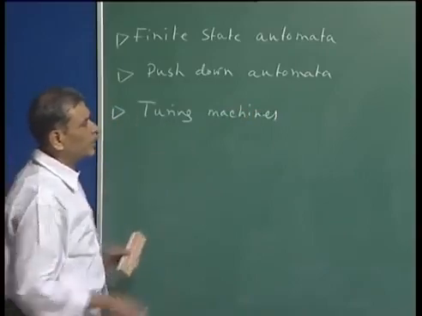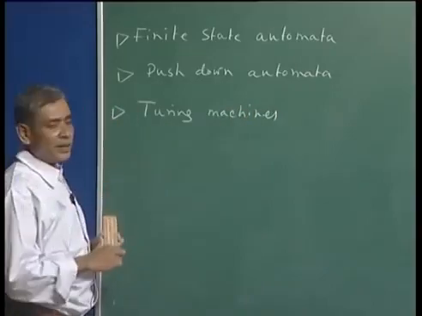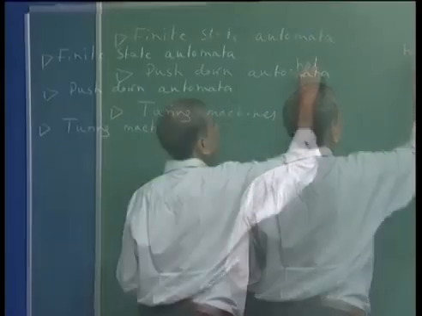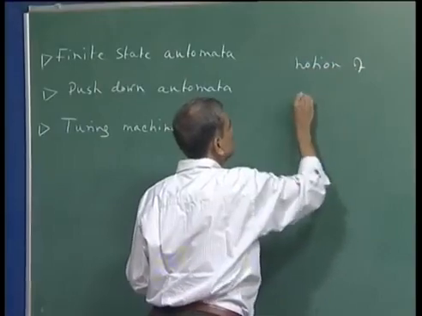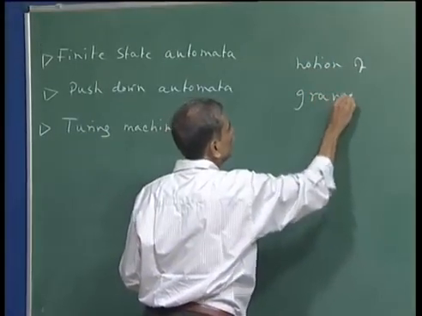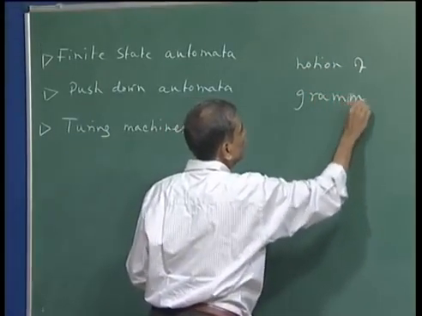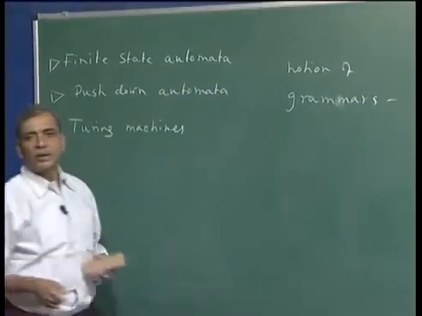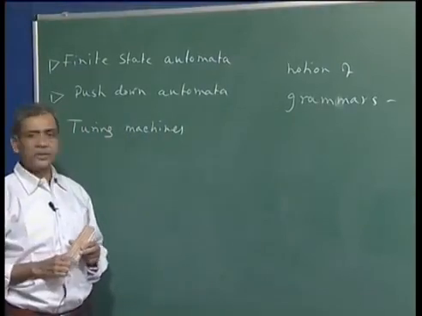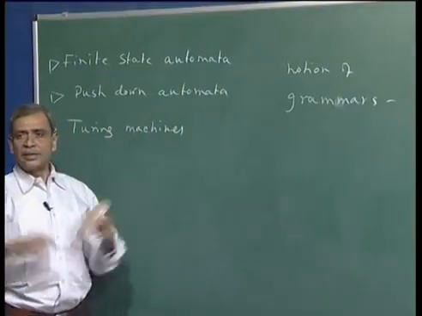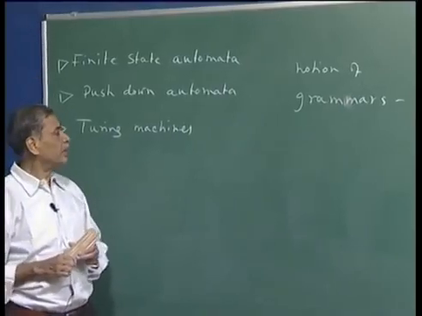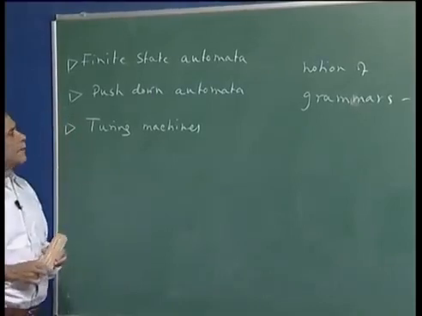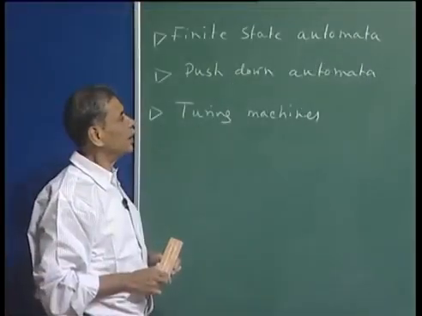And as we go along, there will be many other things we will study, and for example, we will study the notion of grammars, and here we will study regular grammar, context-free grammar, and we will briefly mention what are context-sensitive grammar, and then finally the unrestricted grammar, and there will be some correspondence with these things that we are going to study.